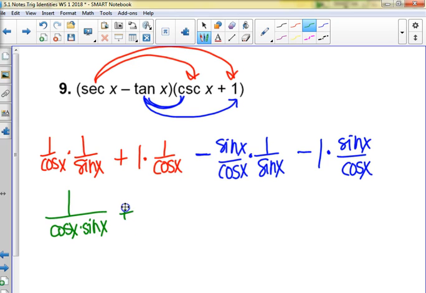But what happens? Anything good anywhere? Oh, I can cancel those. And then what happens? This is 1 over cosine minus 1 over cosine right there, right?